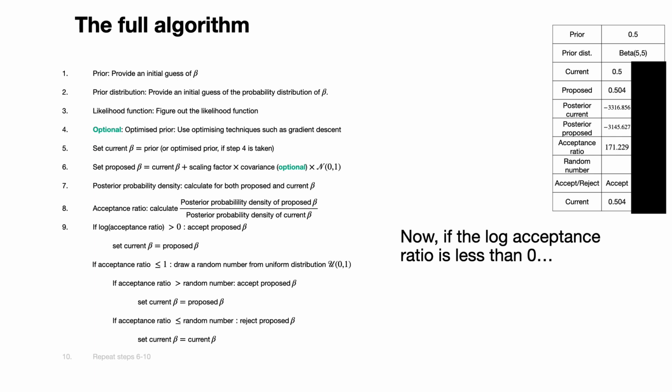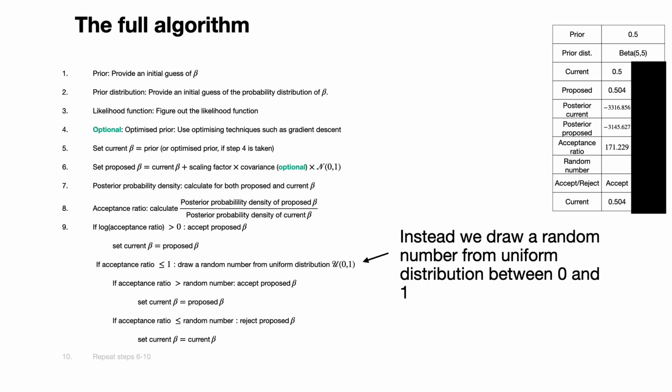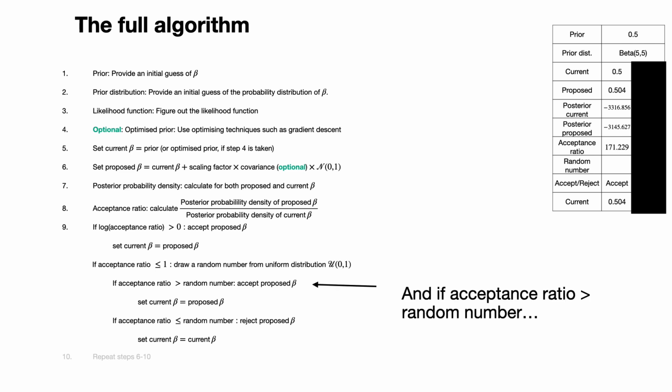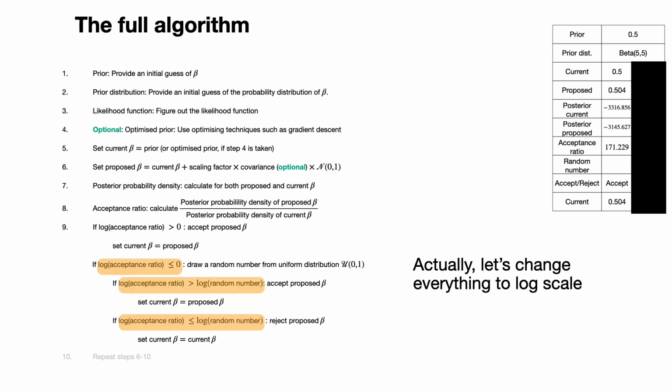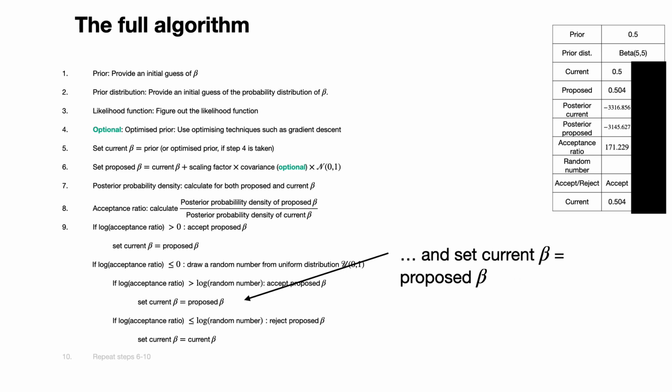Now, if the log acceptance ratio is less than 0, it doesn't necessarily mean that we reject the proposed beta. Instead, we draw a random number from a uniform distribution between 0 and 1. And if the acceptance ratio is larger than the random number, but actually let's change everything to log scale. If the log acceptance ratio is above the log random number, we accept the proposed beta and set current beta to be the proposed beta.